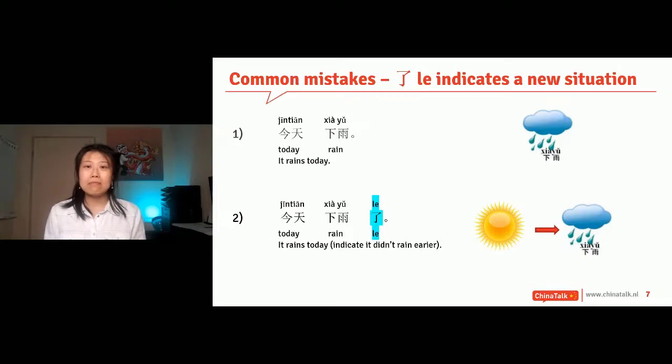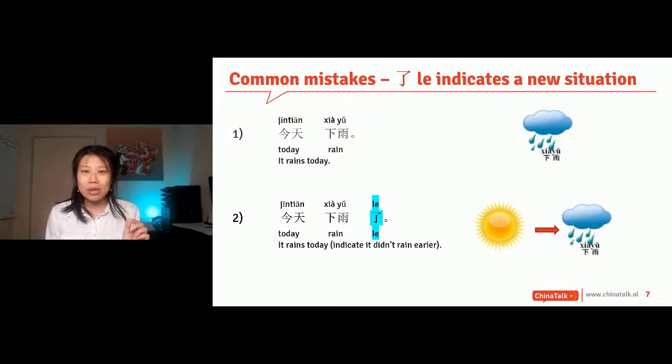I say, today it rains. That's it. The second one, 今天下雨了, could be a situation where for many days it's very hot and very dry, and today I look out of the window and say, 今天下雨了. That means it's different than before. There is a new situation, 今天下雨了.